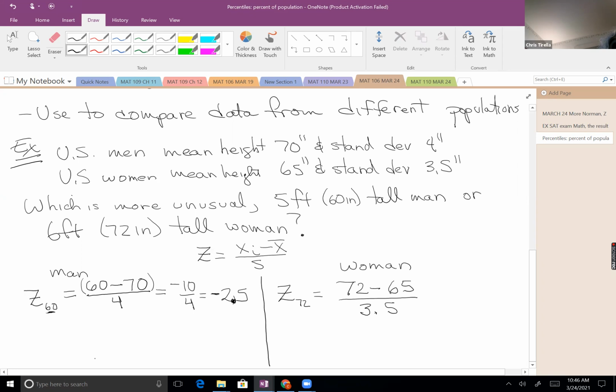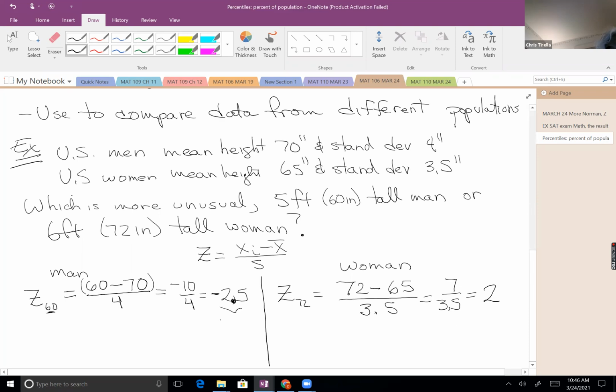So notice we're not comparing the woman to the man, we're comparing the woman to all the other women to see how unusual her height is. And we're comparing the man to all the other men to see how unusual his height is. This difference, 7 divided by 3.5, gives me 2.